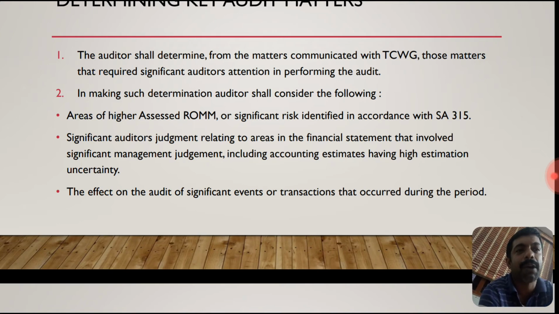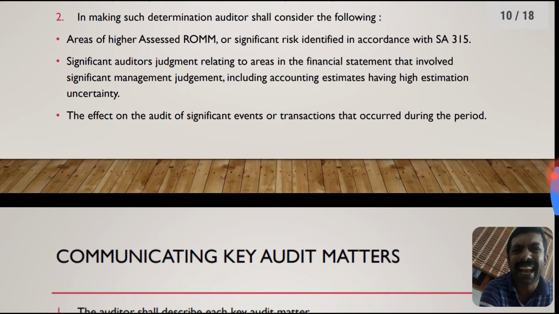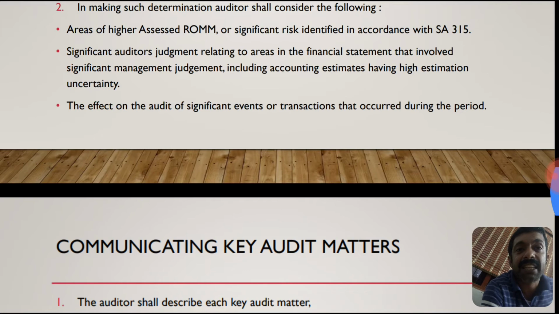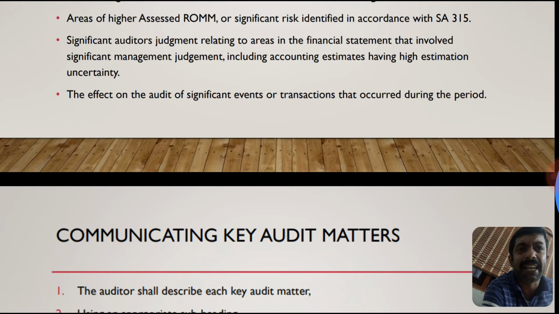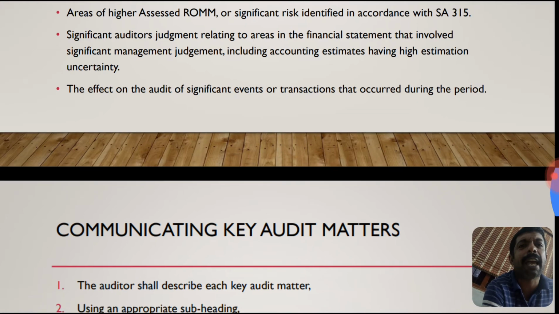They require more of the auditor's attention; these are the significant matters. Matter number 2, as per SA 540, significant auditor judgment relating to areas in the financial statements that involve significant management judgment, for example, accounting estimates.